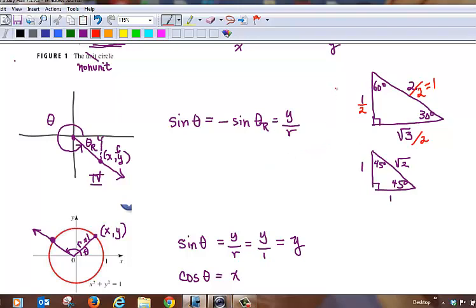So if I'm going to talk about the unit circle and x and y being the cosine and sine of these values, I can now use a scaled down version of this 30, 60, 90 triangle, which isn't drawn to scale, where my hypotenuse is 1, my short leg is 1/2, and my long leg is root 3 over 2. I can do a similar thing with my 45, 45, 90 right triangle and just divide by root 2.